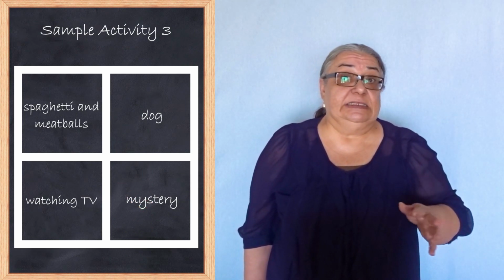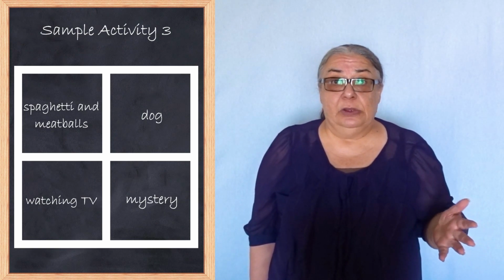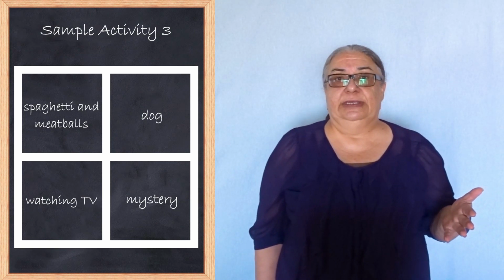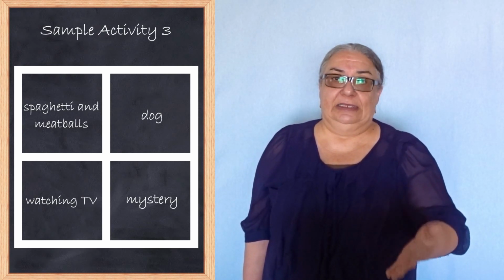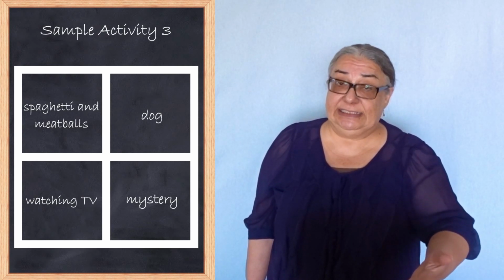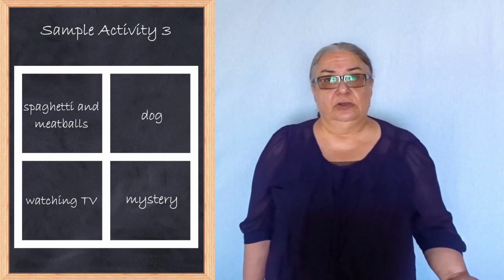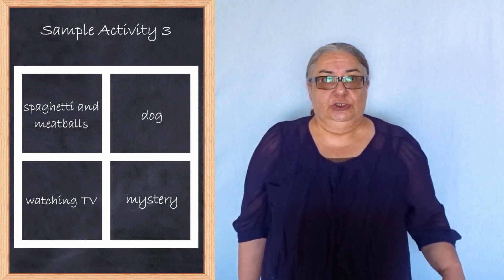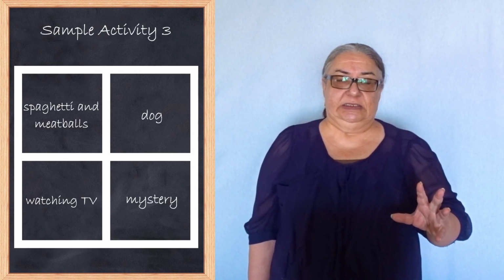Well, of course, these are just some suggestions. You can change the categories. You can even use the categories that you want to deal with in your actual lesson, when the lesson begins. And then ask your students to find questions for these answers.